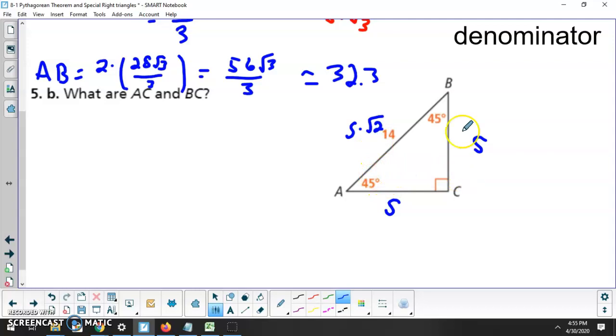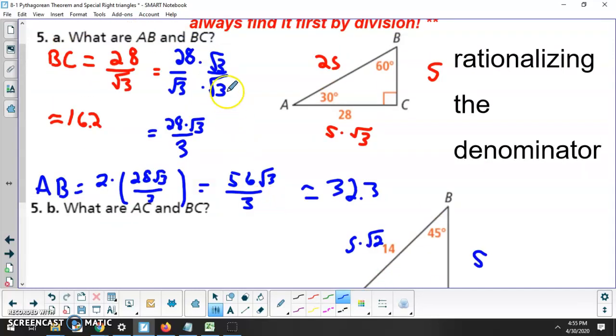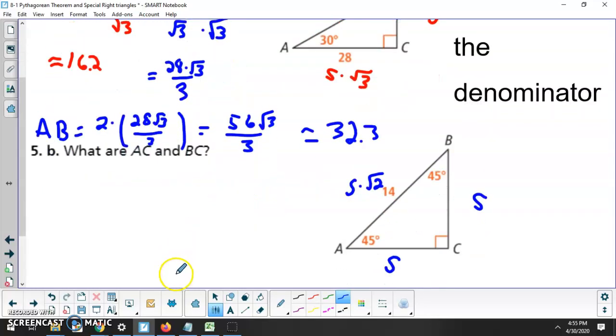If we're going to find the shorter side, we need to divide by the square root of 2, just like we did in the last one. So BC is equal to AC, and it's equal to 14 divided by the square root of 2.